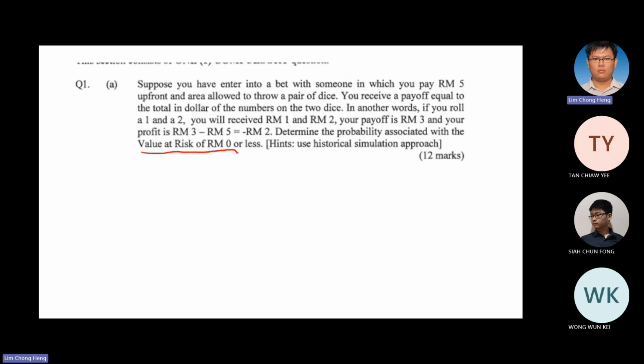So got how many possible outcome? How many possible outcome or what is the maximum return you can get? 7. How many possible outcome? 36.